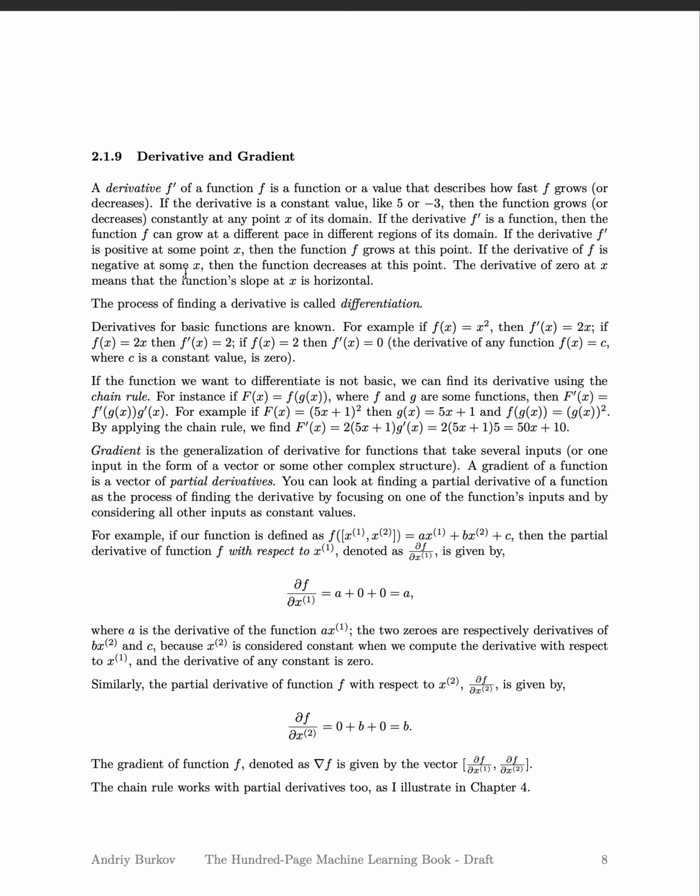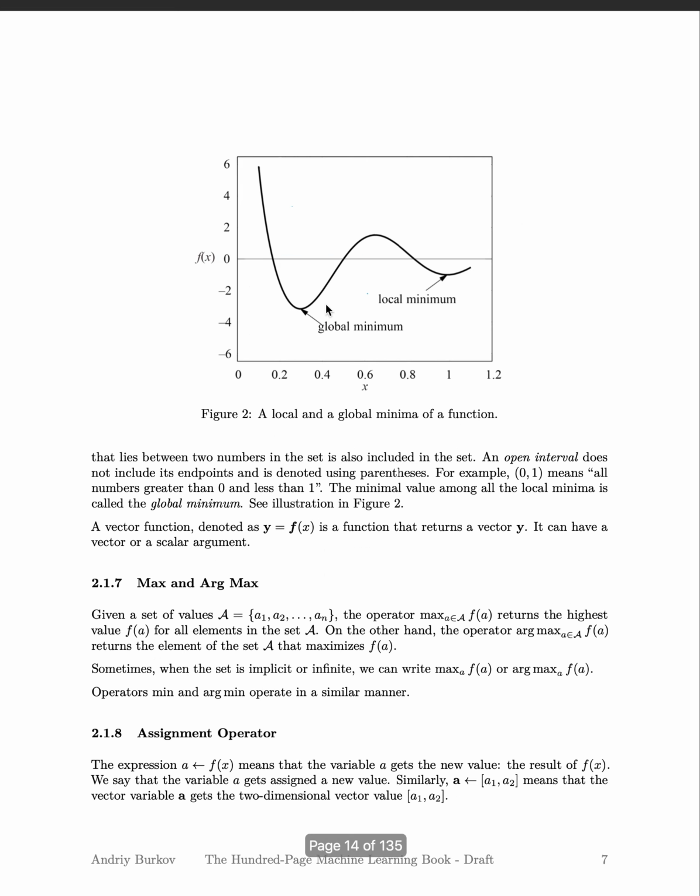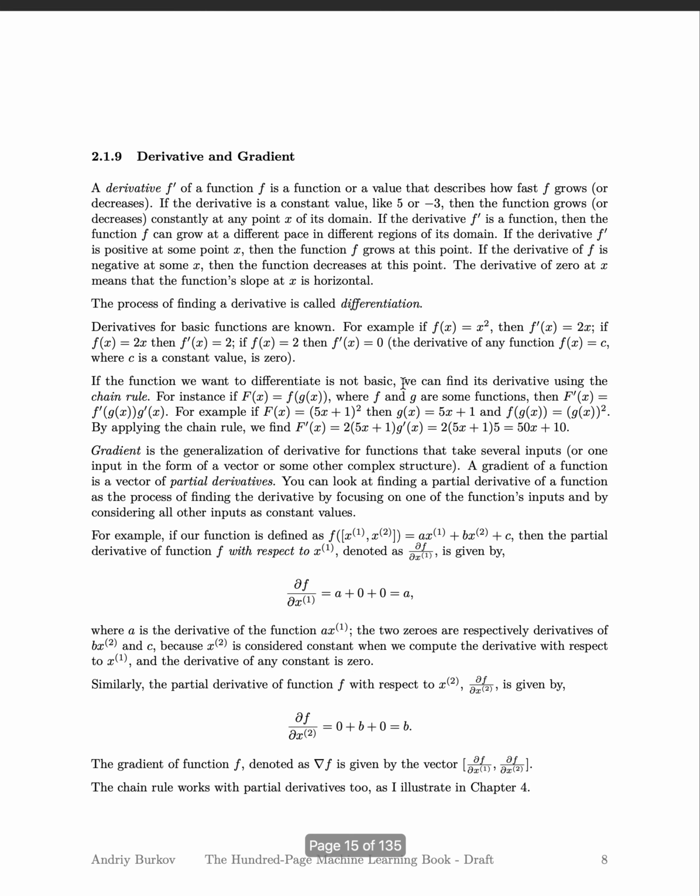If the derivative is negative at some point x, then the function decreases. If the derivative is 0, that means the function slope at x is horizontal. Simply, that will only happen like at this phase, or this where the local minimum is. Here your derivative will be around 0 because the line becomes horizontal for a while, right? It goes straight and then starts rising again.